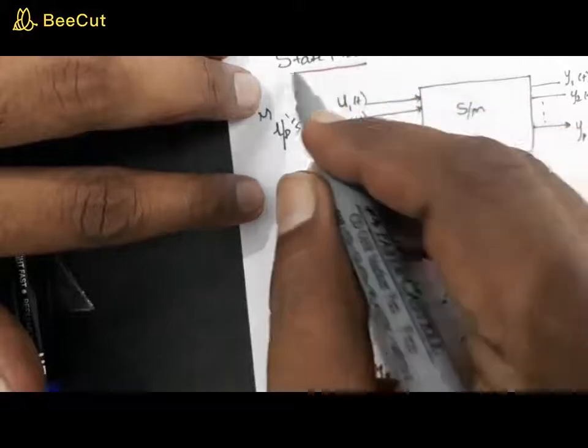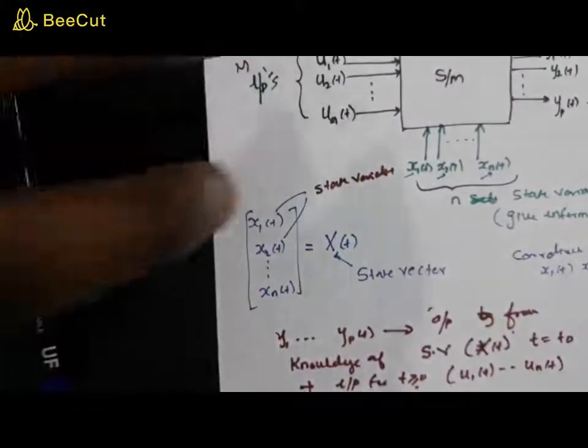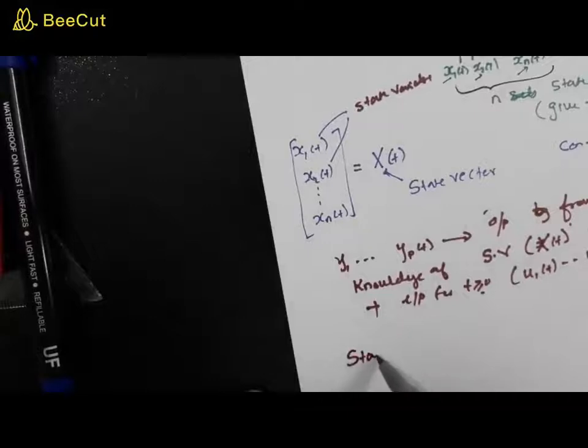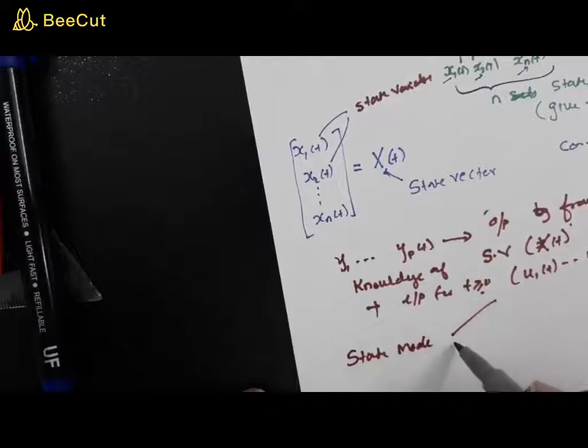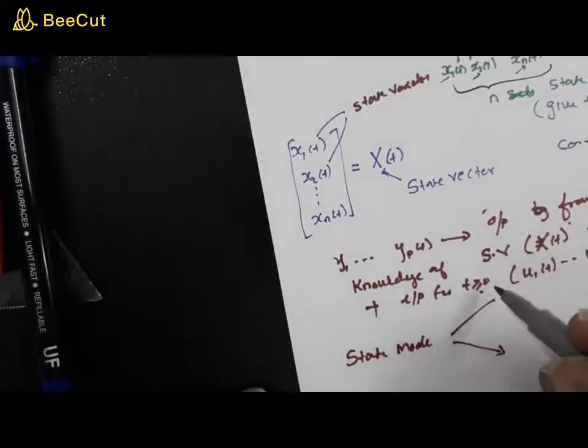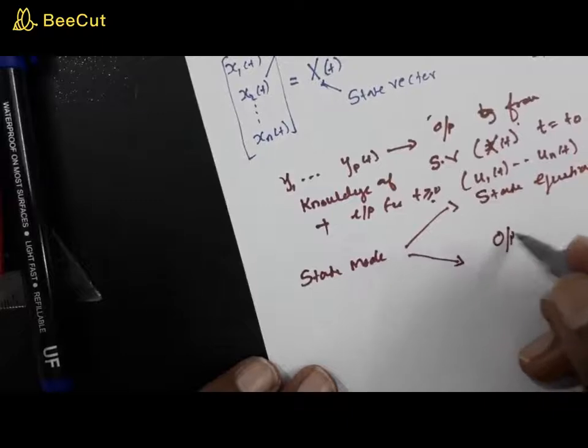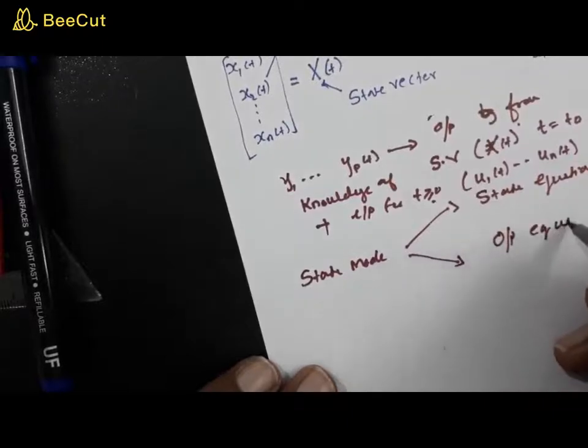Now we are to get the state model. A model actually refers to a mathematical equation. A state model consists of two equations: one is called the state equation, and the other is called the output equation.